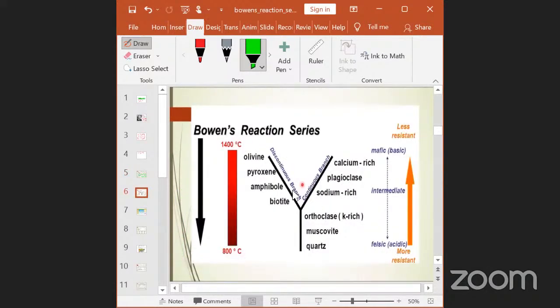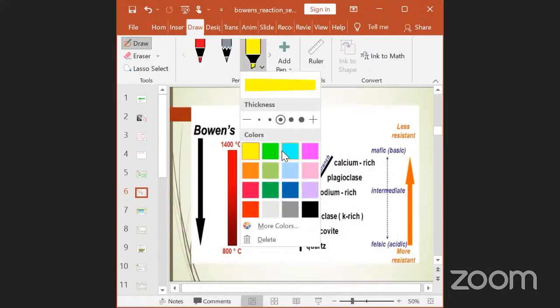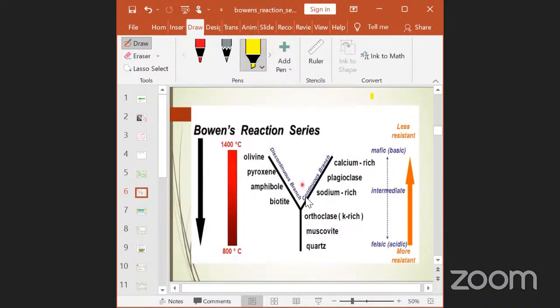You see this picture, this is the Bowen reaction series. This series has two branches. The first one is the continuous branch, and the second one is the discontinuous branch.